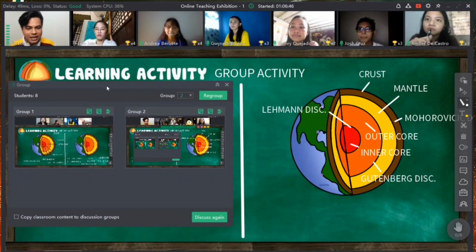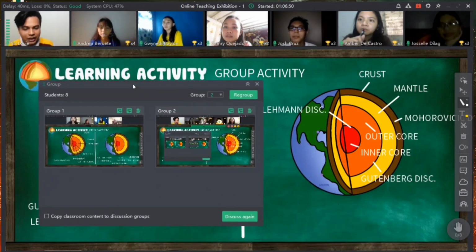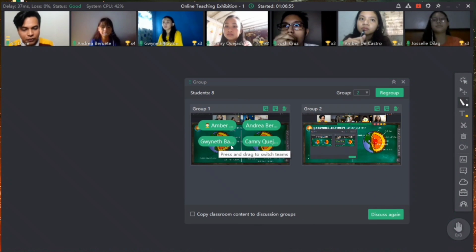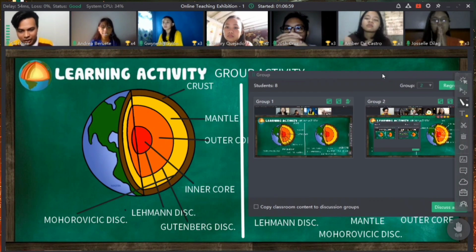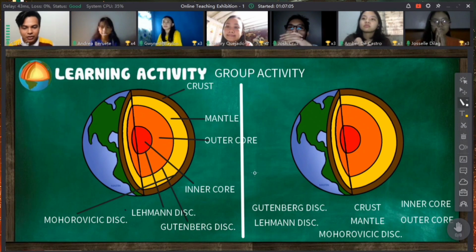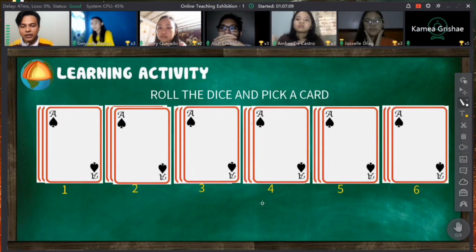This is the output of group number 2. They got it all correct. And this is the output of group number 1. Also correct. Congratulations everyone. Let us now have our activity number 2.